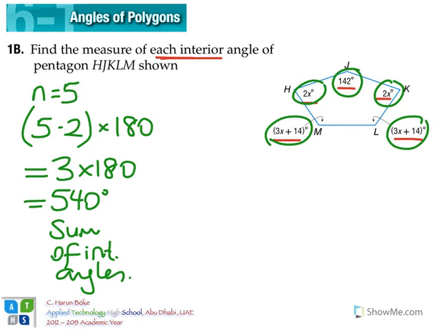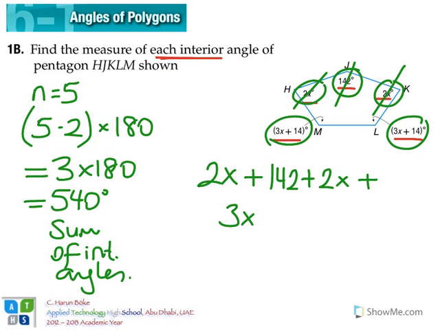On the other hand, if I add these, so 2x plus 142 plus 2x again plus 3x plus 14 as one angle plus the same angle again, 3x plus 14.